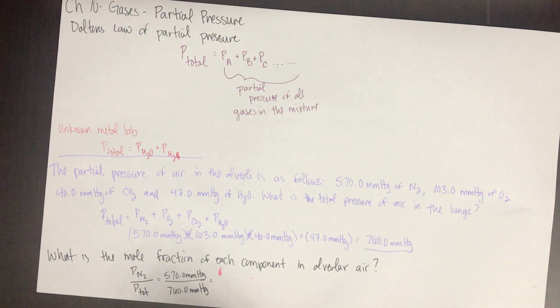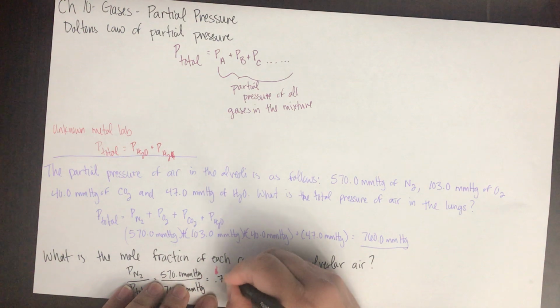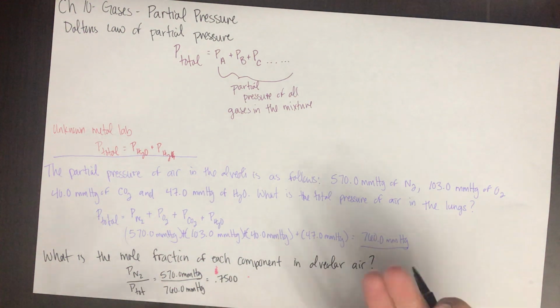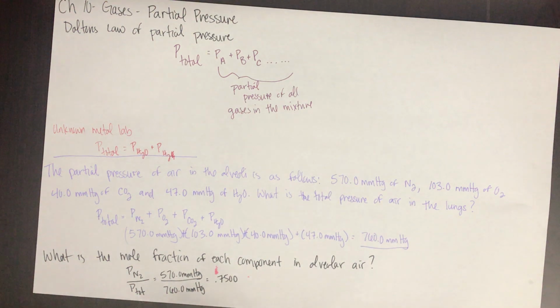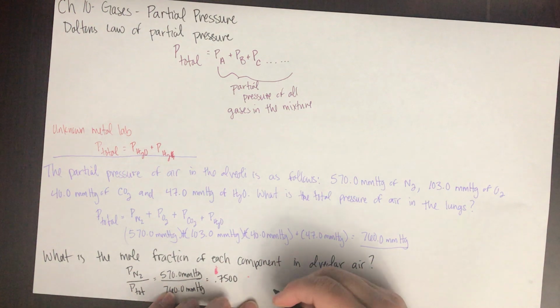The mole fraction for nitrogen is going to be 0.7500. That's the mole fraction. That is like the percentage. If you were to multiply it by 100, you could convert this into a percentage. This would mean 75% of the air that we breathe is nitrogen. So let's look at the next one. Let's look at oxygen.